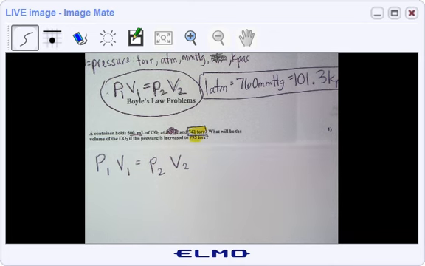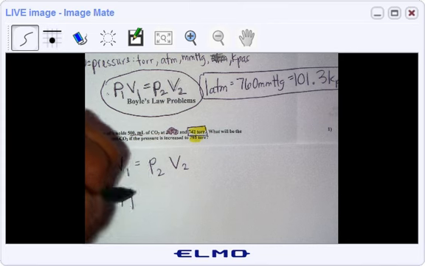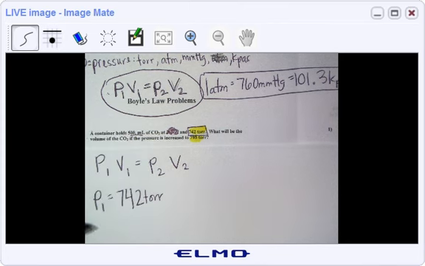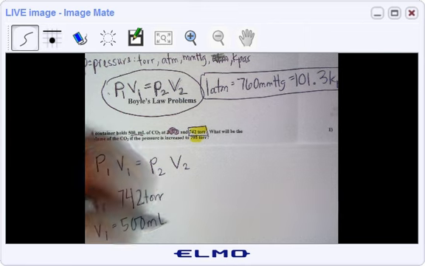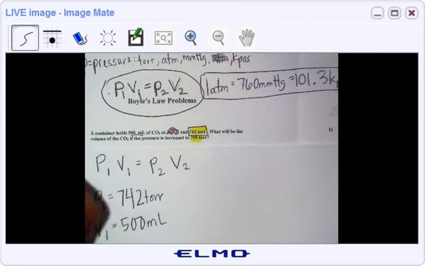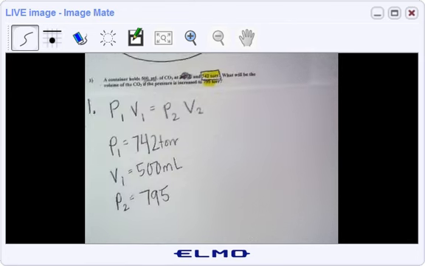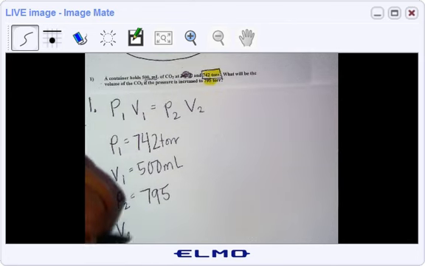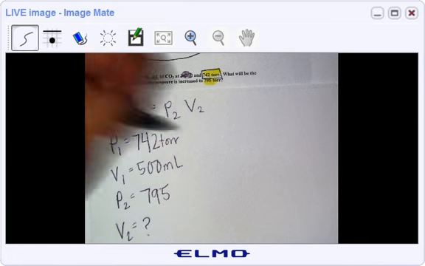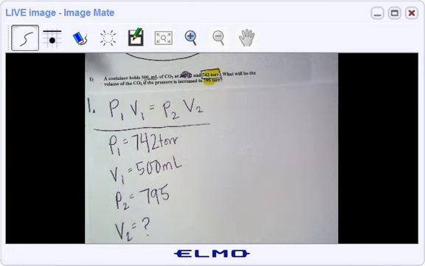What will be the volume? So we're looking for volume if the pressure is increased. So our P1, V1, V2 is what we're looking for, because again it says what will be the volume.